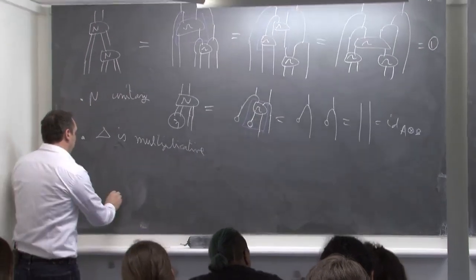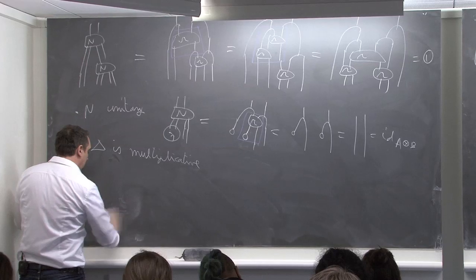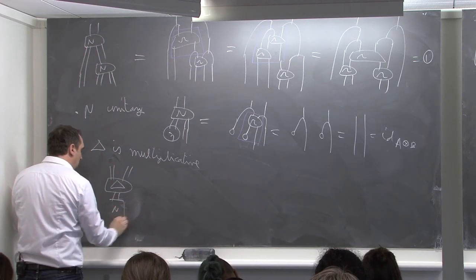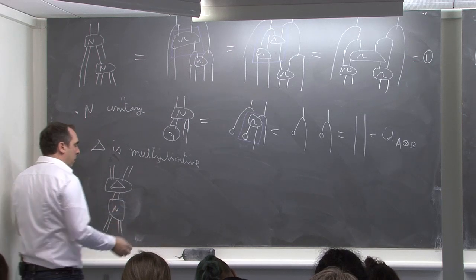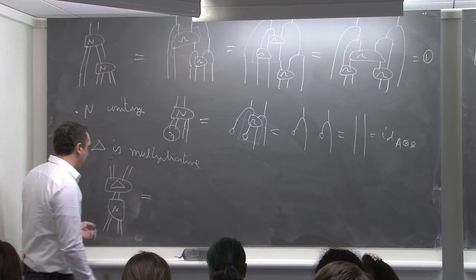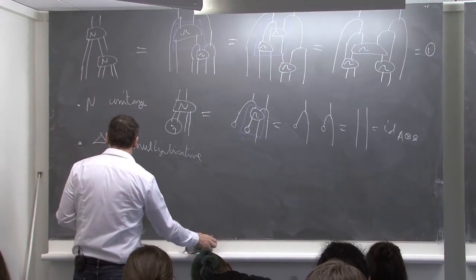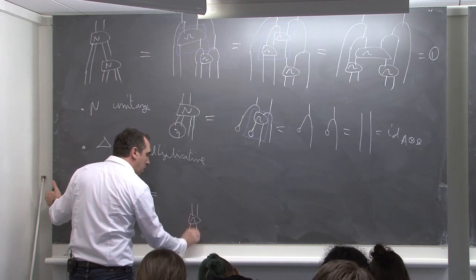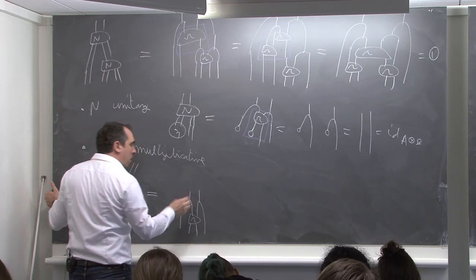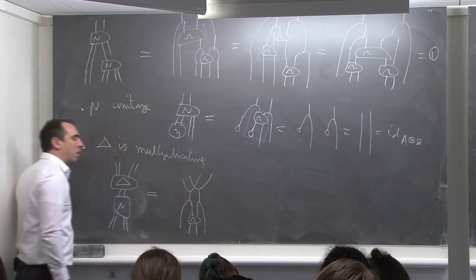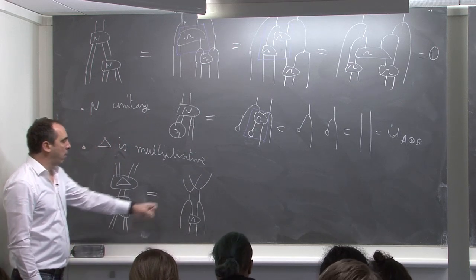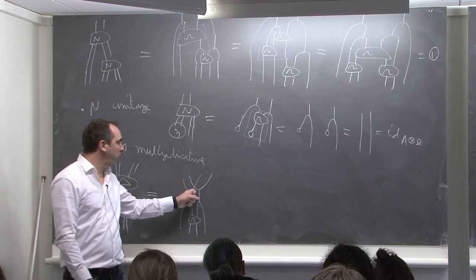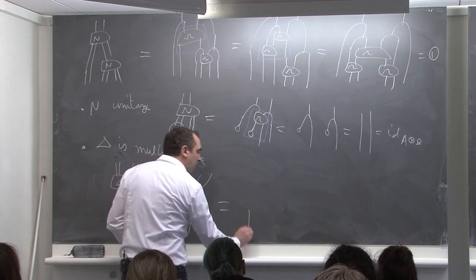So what does it mean? So we have delta mu. So if we compute this, what is it? It is omega and then the coproduct. Now we have the axiom, so the coproduct is multiplicative. So this is omega.